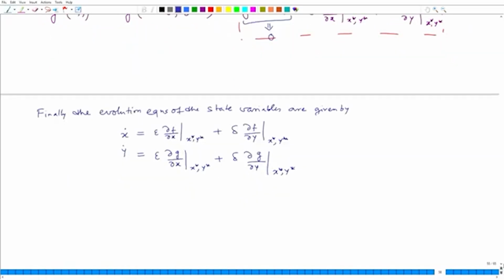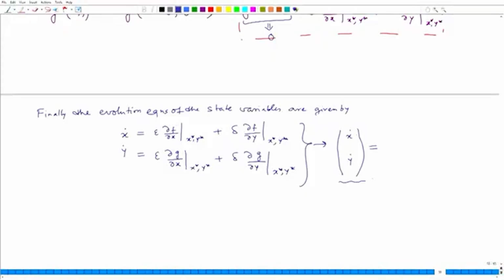Now, you see, at this point I can write the whole thing in a matrix form. I can write this x dot, y dot, and I call that a vector of phase space velocity. So, if the phase space coordinates are x and y, then the phase space velocities will be x dot and y dot.